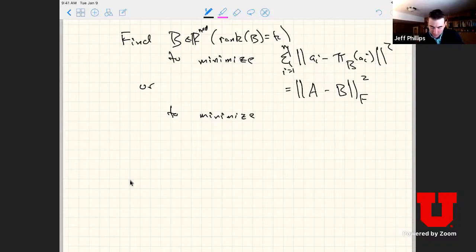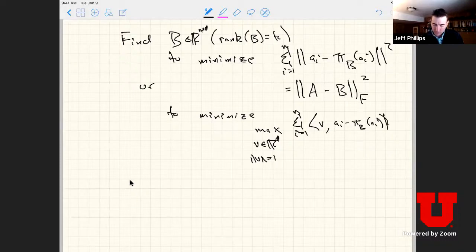So I can write the max over v in R^d such that v is a unit vector of the sum over i equals 1 to n of just this dot product of v with ai squared.